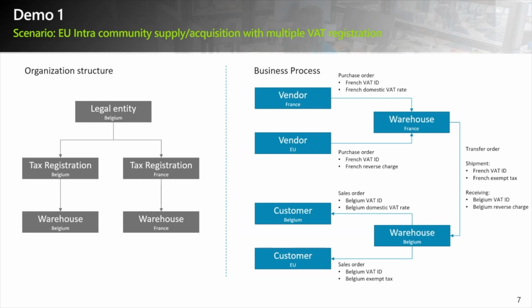For the sales side, when they sell to a Belgian customer from the Belgian warehouse, the Belgian VAT ID and Belgian domestic VAT should be applied to the transactions. And when selling to an EU customer from the Belgian warehouse, the Belgian VAT ID and Belgian exempt tax are applied. So this is a high-level description of the scenario. Let's now switch to the demo, which we recorded in advance, and see how this scenario works in the system.